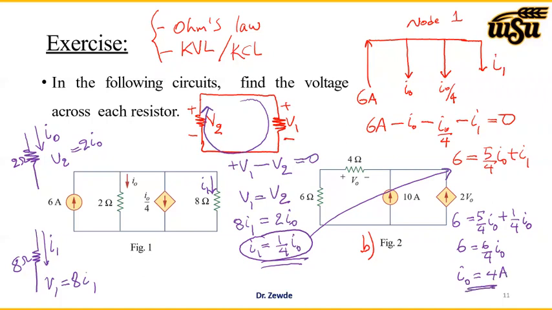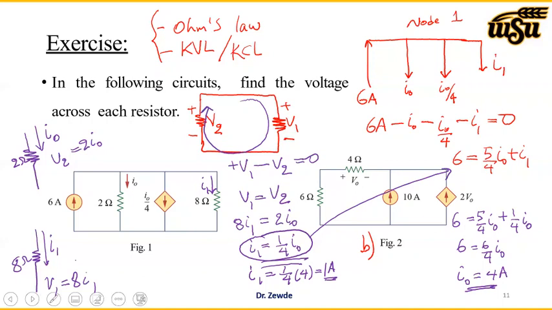If I know I0, I can determine the others. I1 will be 1 over 4 times I0. Now I0 is 4, so I1 is 1 amp. So we determine I1 is 1 amp, I0 is 4 amp.